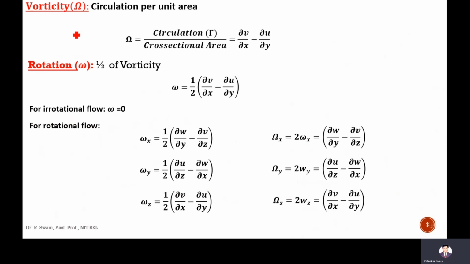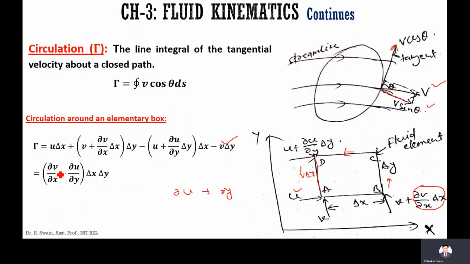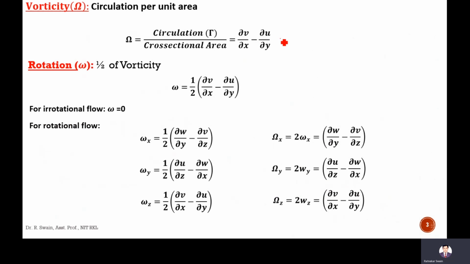Next is vorticity. Vorticity is nothing but the circulation per unit area. If you divide by the unit area, you will get del v by del x minus del u by del y. Rotation is also a term associated with rotational flow.